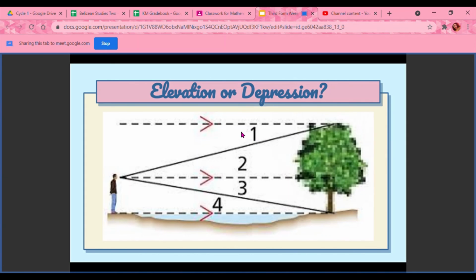Alright? Number 2, I have this broken line, and then now I look up, I get an angle of elevation. I have this broken line and I look down and I get this angle. I have an angle of depression.